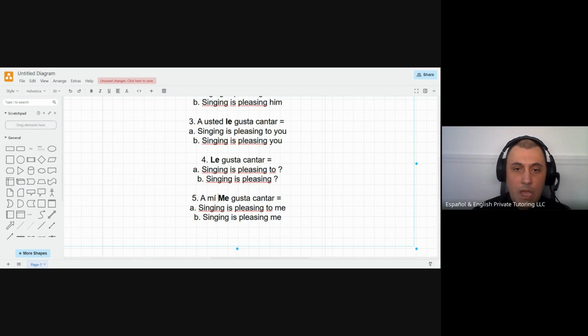So in other words, I don't have to include the indirect object in the sentence. In English, you notice that you have to use either or, but not both. In Spanish, you use only the indirect object pronoun, but if you are going to use the indirect object, you have to also include the indirect object pronoun, as I did here. Because le is confusing, I cannot just leave it like that.